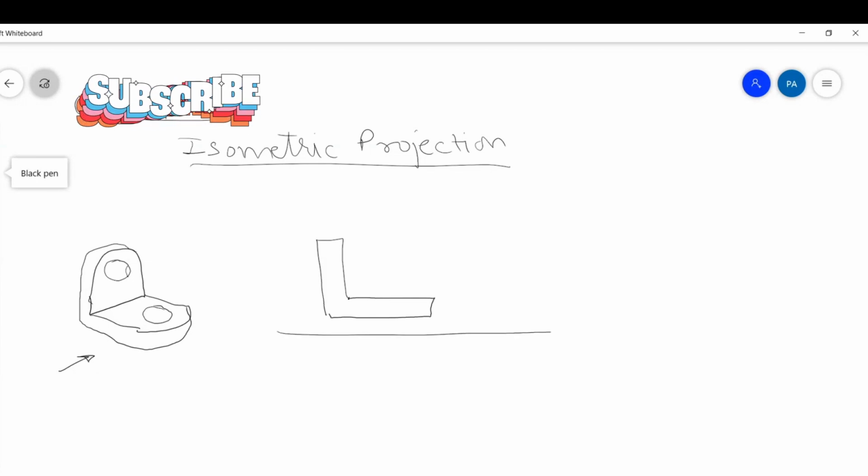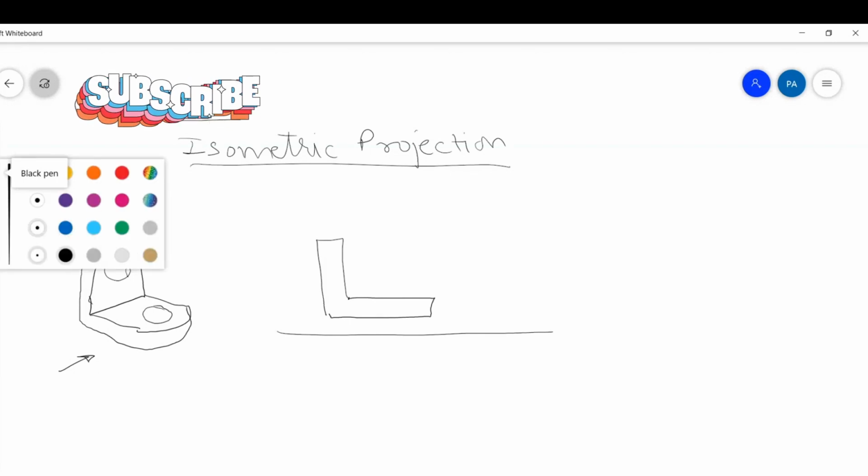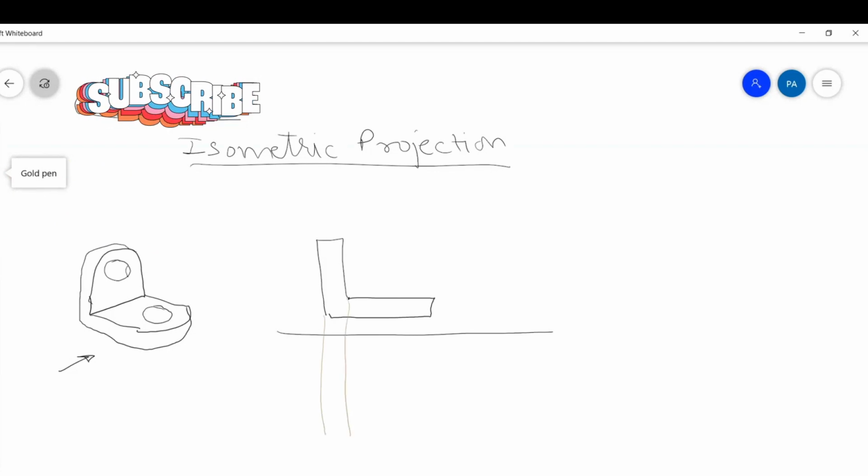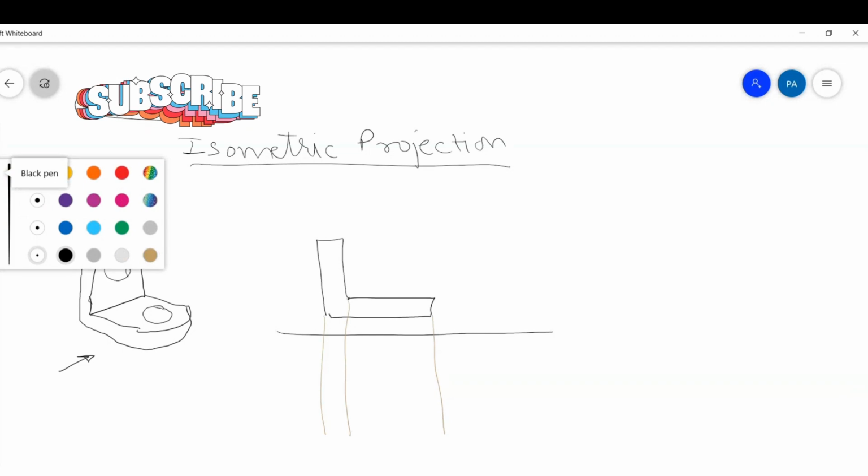Now, in order to draw the top view, what do we do? We draw projectors. Projectors are light and thin lines, and we draw projectors like this, 1, 2, 3, and then we draw the top view. The top view of this would look something like this.